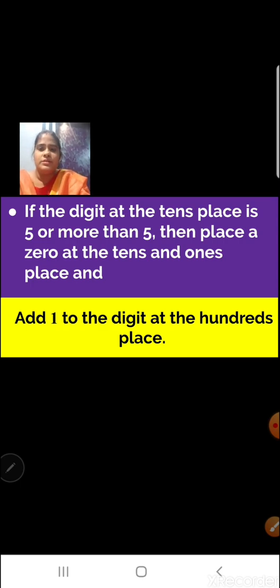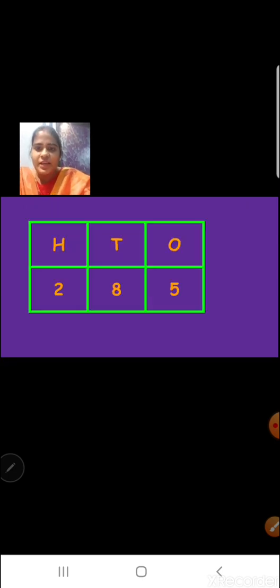Children, remember this. We are rounding off to the hundreds place. The digits in the tens and the ones place will become 0. The only thing is, the hundreds place will change or will not change, and that depends on which place? Tens place. Let us see an example.